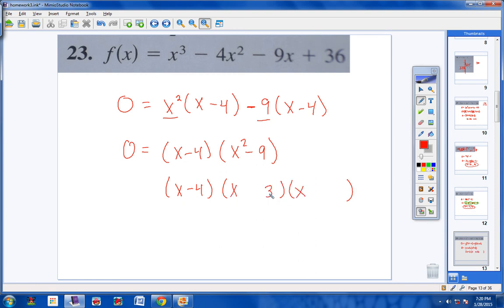The square root of 9 is 3, put 1 here and here. Make one positive, make one negative. So x equals, take this group set equal to 0, 4. This group here would give you a negative 3. Take this group set equal to 0 and solve, and you'll get 3. So your answers would be 4, positive, negative 3. Okay, 4, positive, negative 3.